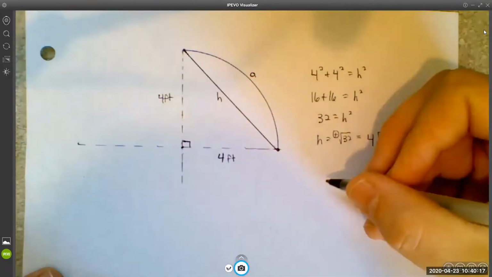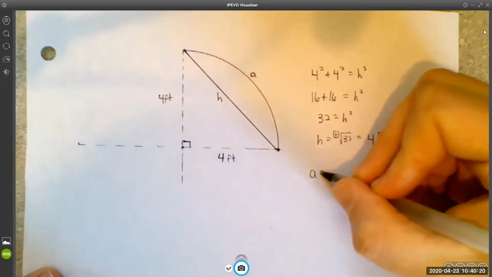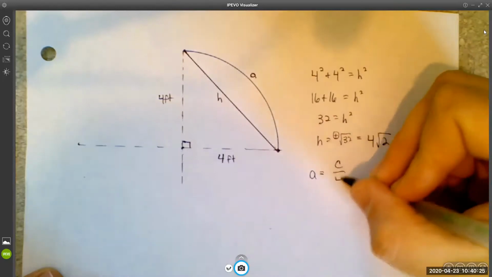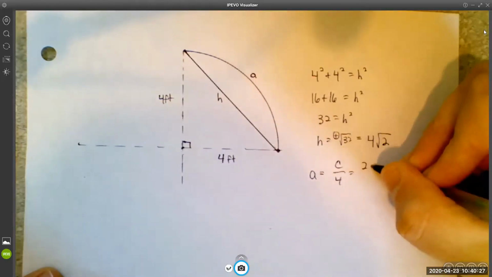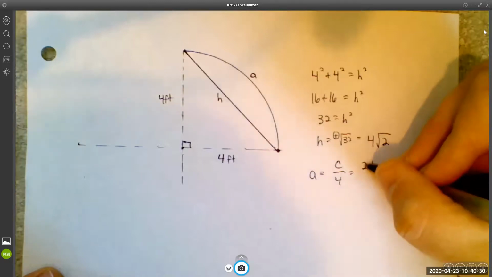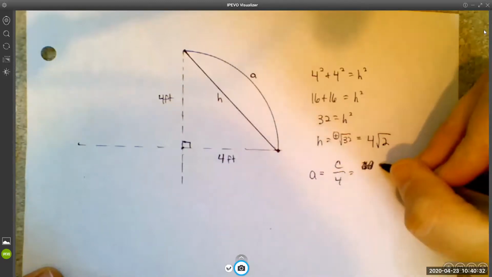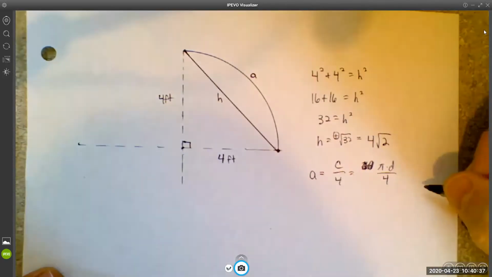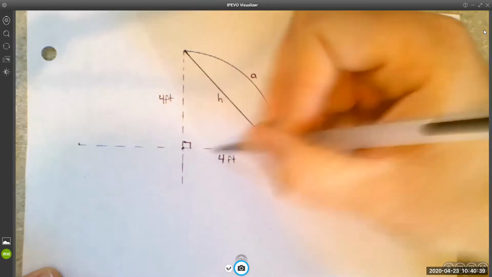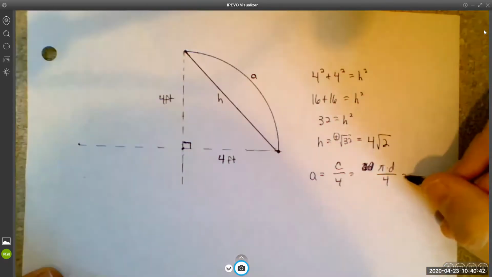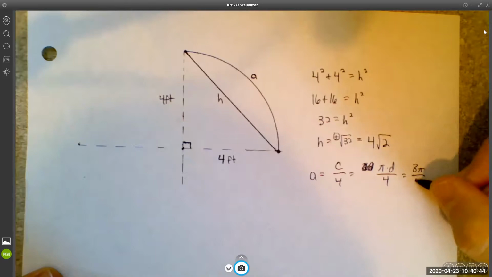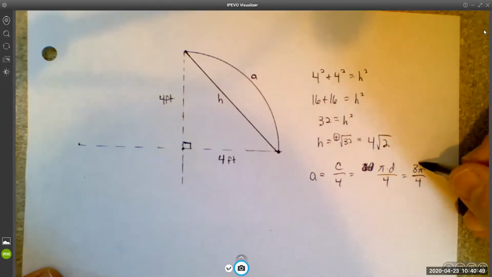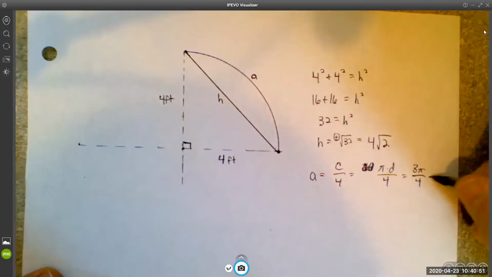So A is the circumference divided by 4. In other words, it's 2 times the radius times pi. So let me rephrase that: pi times diameter over 4. If the radius is 4, then the diameter is 8, right? So this is going to be 8 pi over 4, and we can cancel 4s and just get 2 pi.